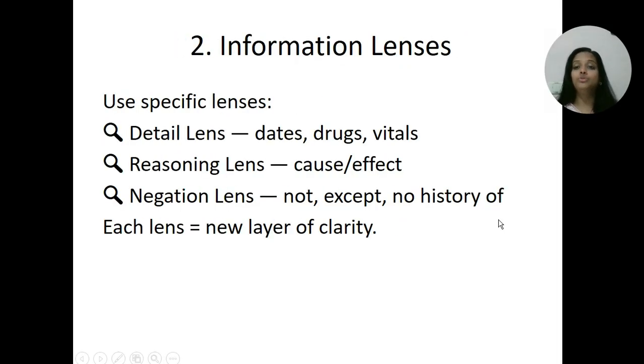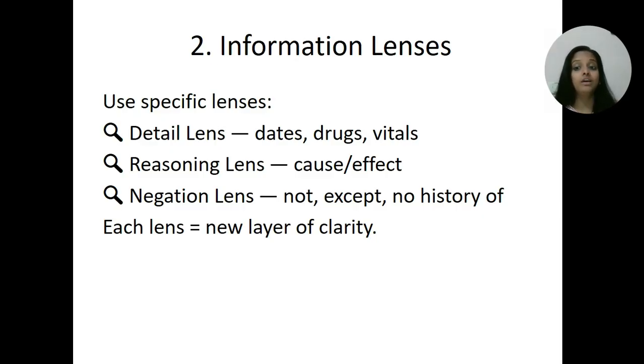And try to see it using the information lenses. I'm going to give you the three lenses. The first one is the detail lens, the second one is the reasoning lens, and the third one is the negation lens. The first one, of course, the detail lens: you have to look for the exact numbers, dates, medications, vitals, all these things.